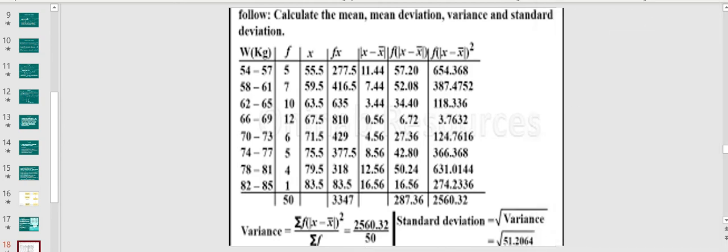And the standard deviation is the square root of the variance.